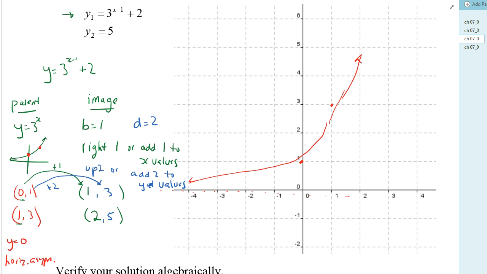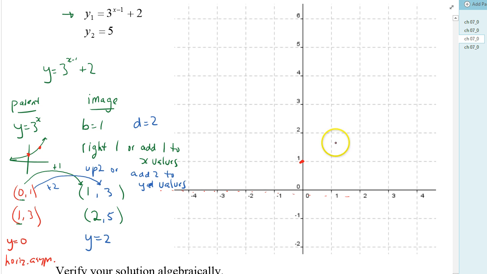Now with our image, we would have a horizontal asymptote because everything is up 2, because of that d value of +2, it's going to be y is equal to 2. So I will erase what I had here, and I will move everything up 2.